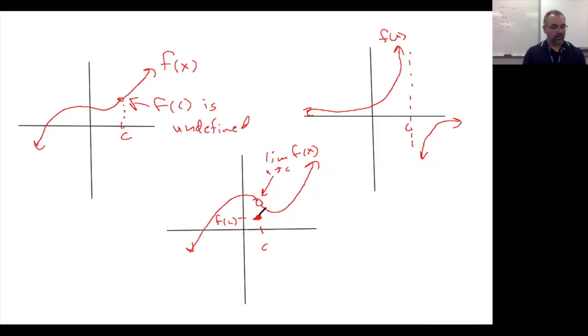Now at this point, we want to switch over. We know what it means to be continuous at a point. What does it mean to be continuous on an interval? For us, we're going to define first an open interval and a closed interval.